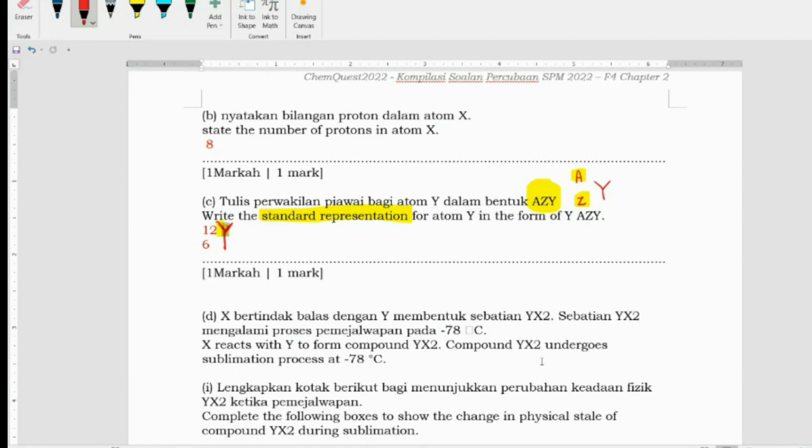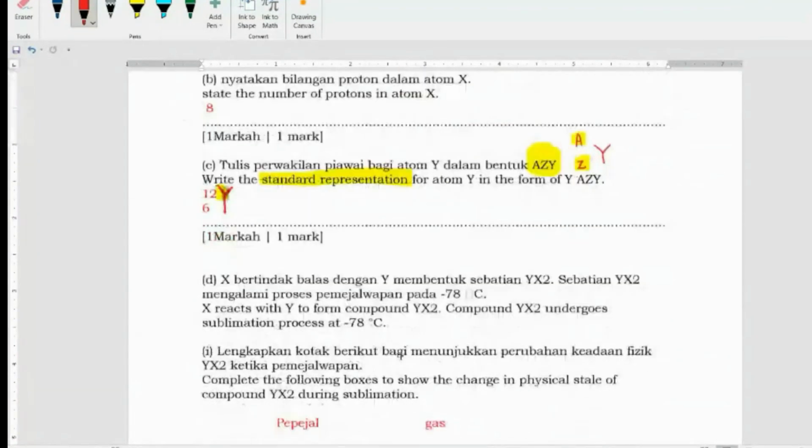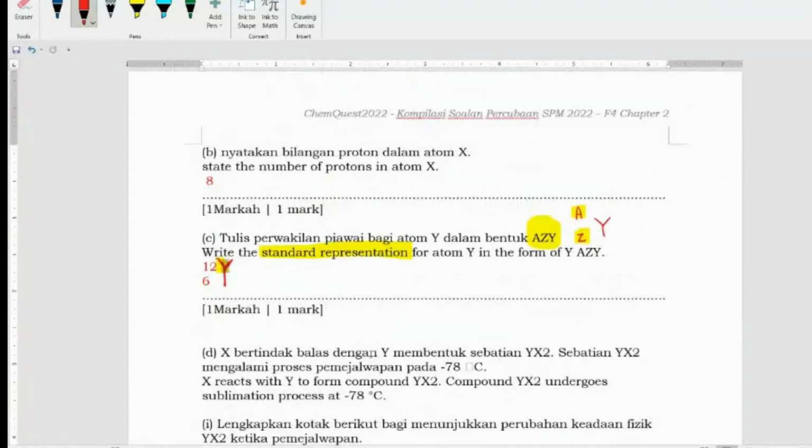Berapa orang kata ionic? Okay, sila angkat tangan. Cikgu nak tengok. Ionic no. Semua kata ionic no. Okay, kebanyakan kata ionic no. Okay, kita tengok balik. Okay, macam mana kita tahu dia ionic ke covalent? Ada beberapa cara.